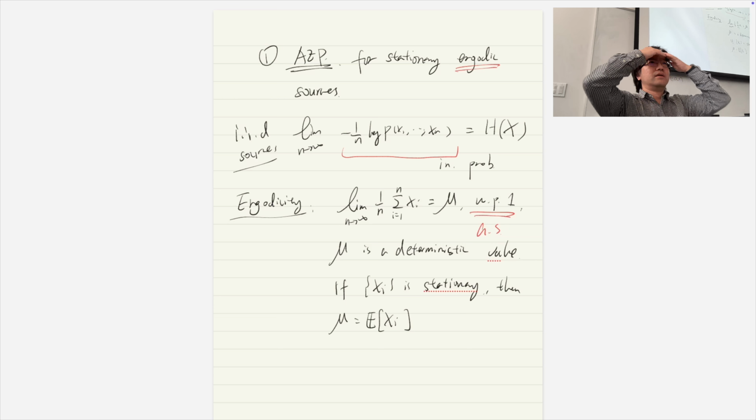If we have this kind of definition, then everything else will be straightforward. So basically, we have a theorem. You can see how to prove the theorem in the book, so we won't prove it here. It tells you something we just mentioned. This is basically the definition for the AEP.